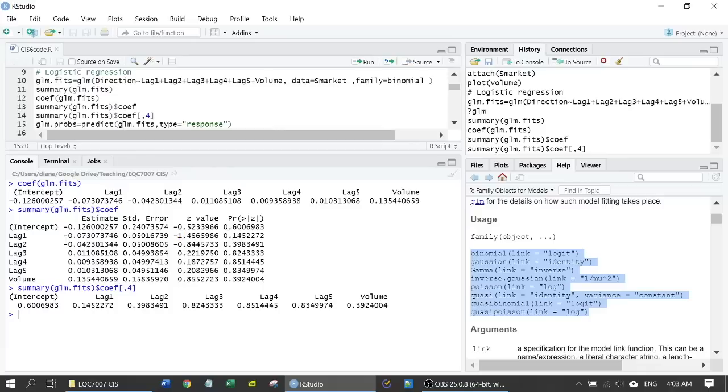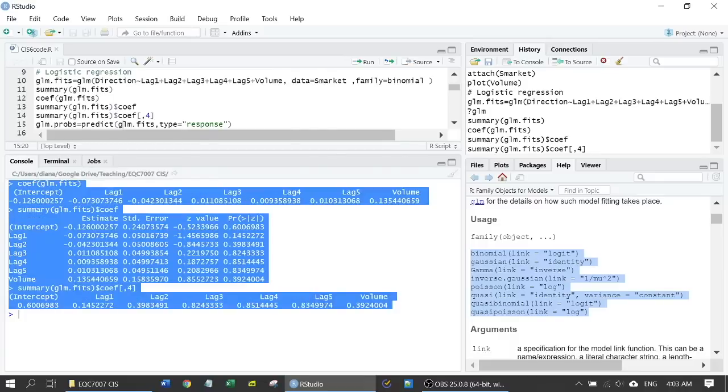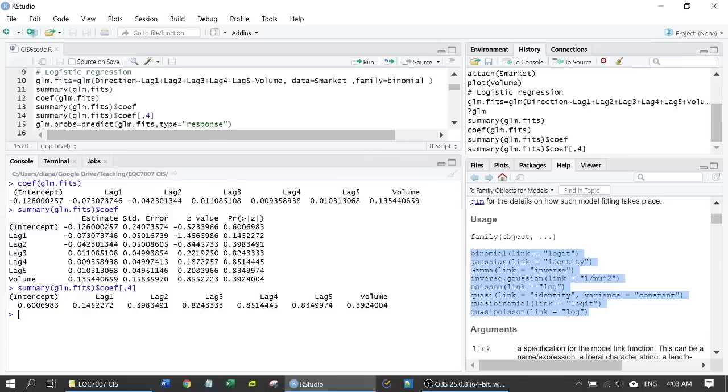And this is summary of glm.fits also, but here you have $coefficients, and within this you have comma 4, which means that for these coefficients you only want to list the p-value, because the p-value is located in the 4th location. The first location is the estimate, and then you have the standard error and the z value, and finally you have the p-value. So this is not important. This is just different ways of showing the same thing.